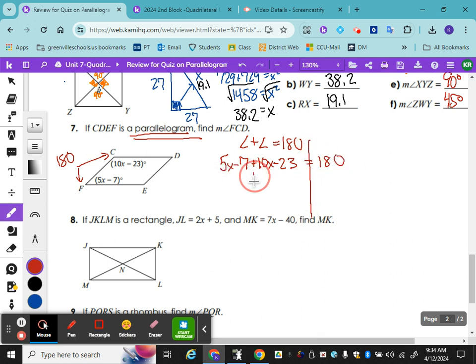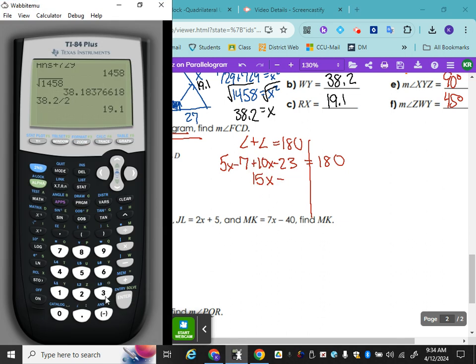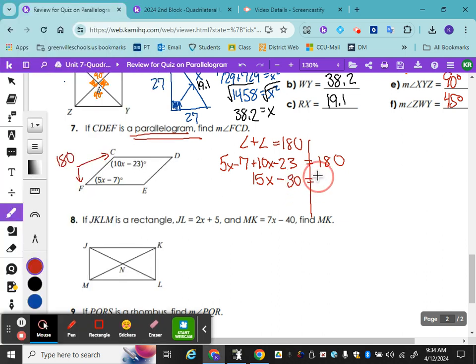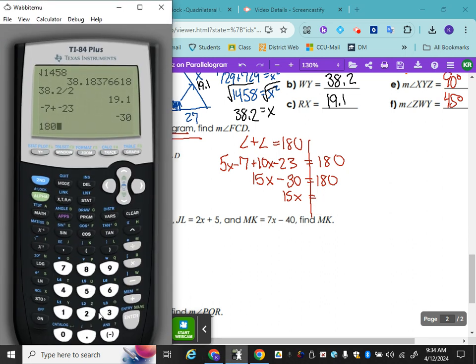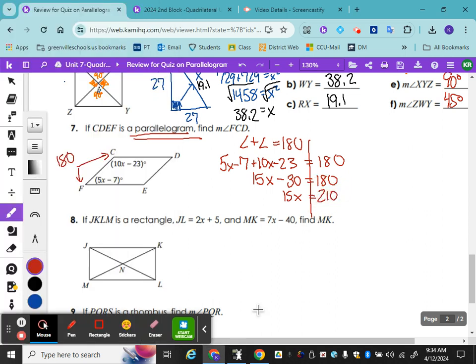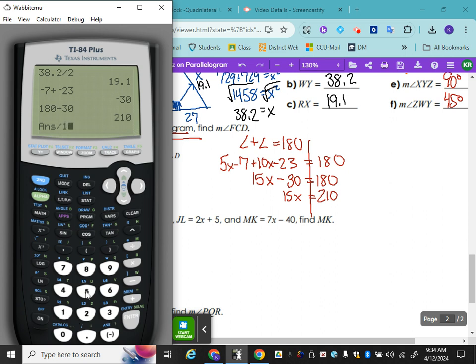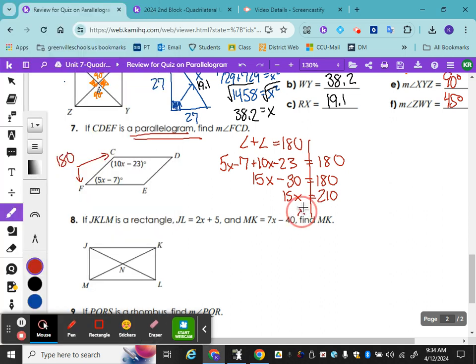5x plus 10x is 15x. Negative 7 and negative 23 is negative 30. Add over 30. So 15x equals 180 plus 30, 210. Divide over by 15, 14. X equals 14. Are you done?